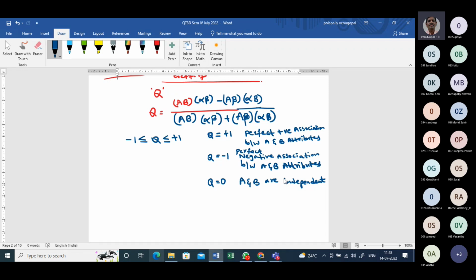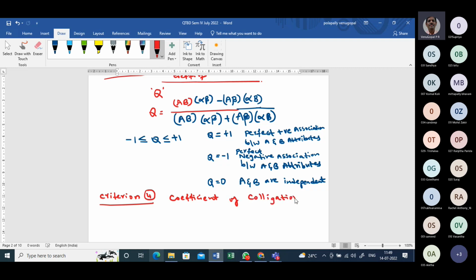Yule's coefficient? Yes. Then there is one more criterion, criterion 4. This criterion 4 is called the coefficient of colligation.